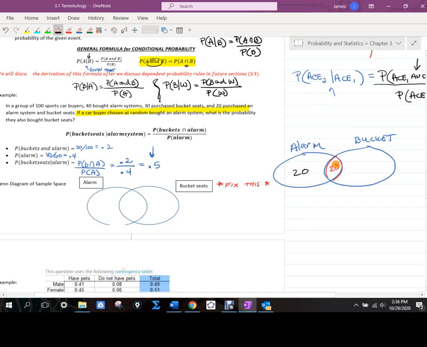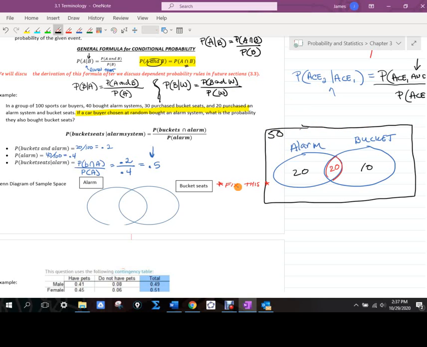These 20 have an alarm, but they also have bucket seats. Over here in this bubble, how many bought bucket seats? Just 10 bought buckets and no alarm. So how many is that? 50. Of all the people that bought sports cars, there's 50 that didn't buy an alarm and didn't buy bucket seats. Does that make sense? There's maybe another configuration that those 50 purchased.